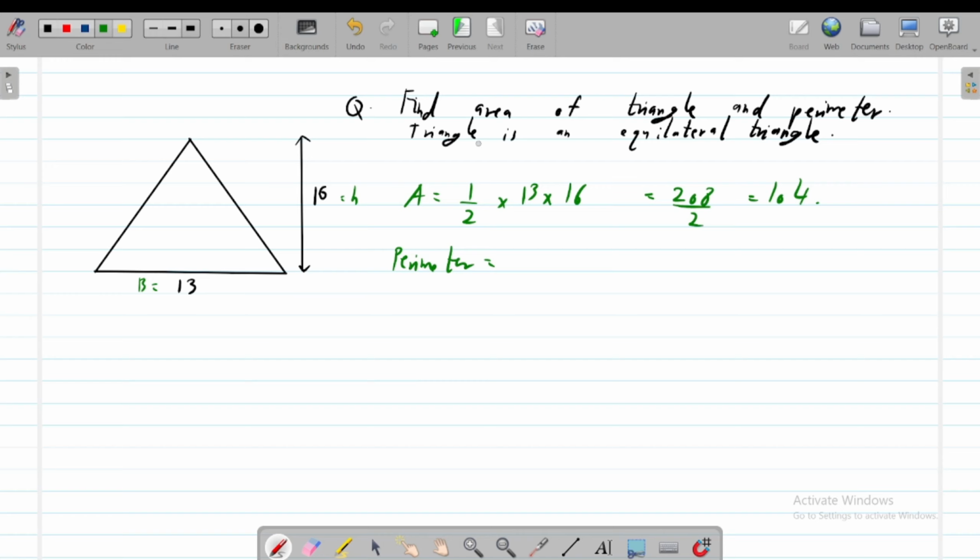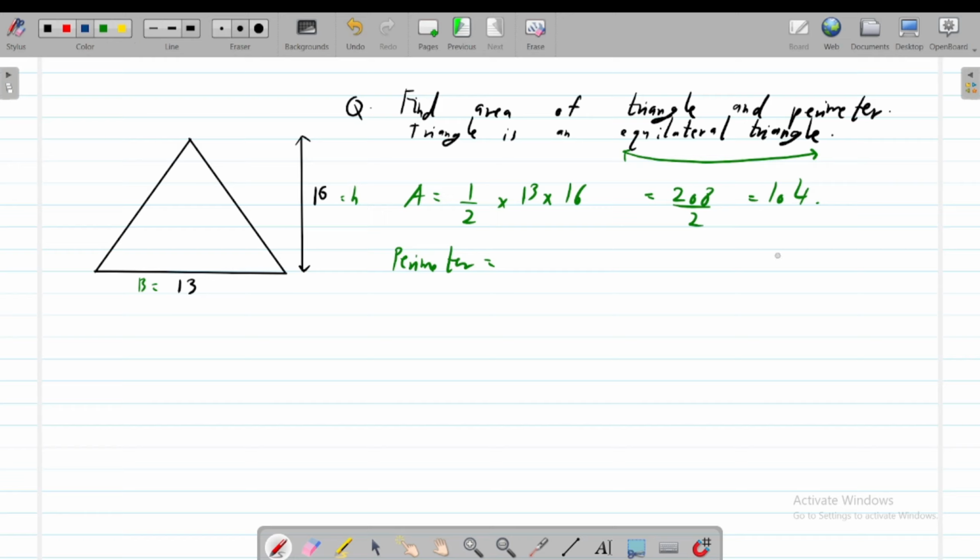Now, for the perimeter, there's one thing that you have to know. They said that the triangle is an equilateral triangle. Now, what does that mean? What that basically means is that all the sides and all the angles of this triangle are equal. All sides and all angles are equal.